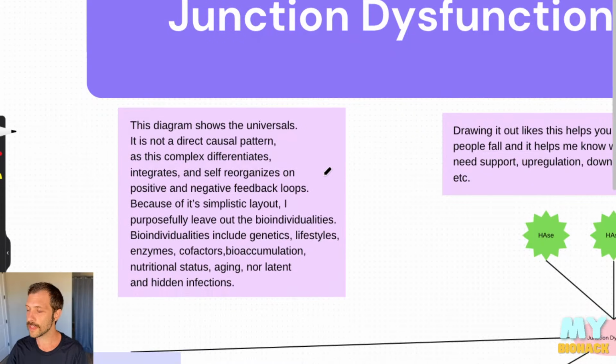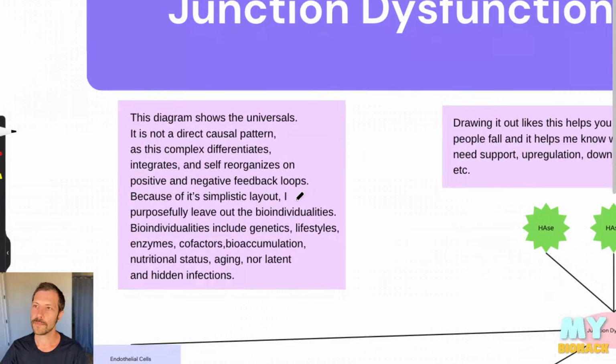And because of this simplistic layout that is on here, I'm purposely leaving out bioindividualities. Bioindividualities are the things that make everybody different, like your genetics or your lifestyle, or the enzymes that you create, or the cofactors, your diet, the toxins and pollutants that you're exposed to on a day, your nutritional status, how old you are, or if you have any latent or hidden infections.